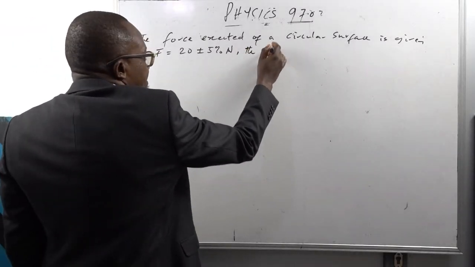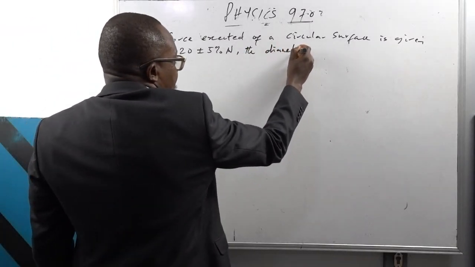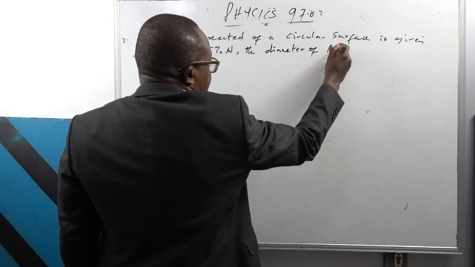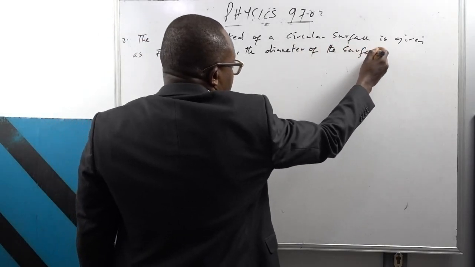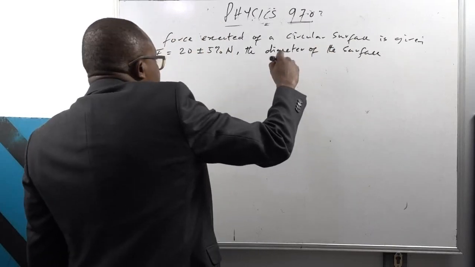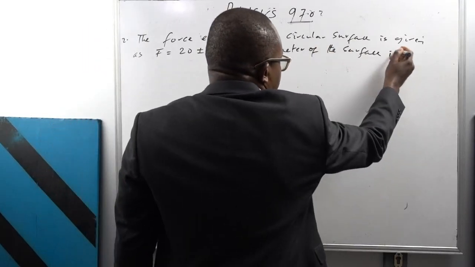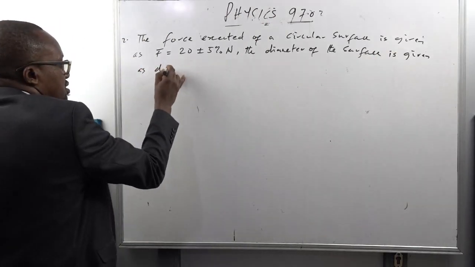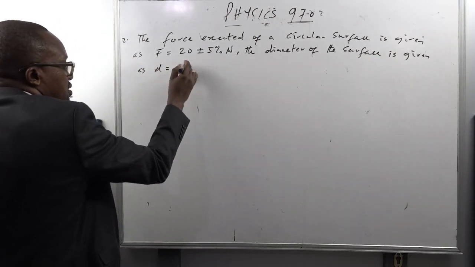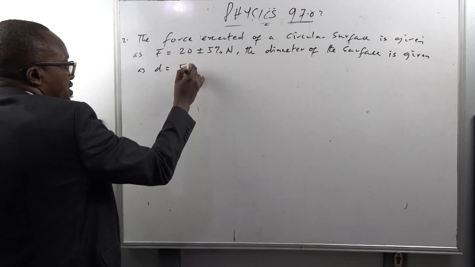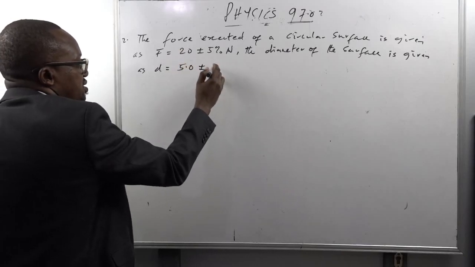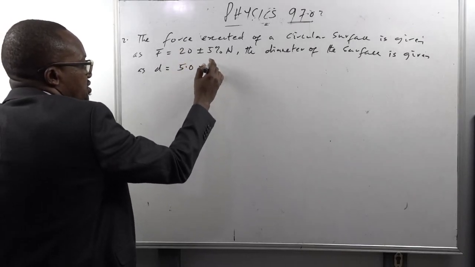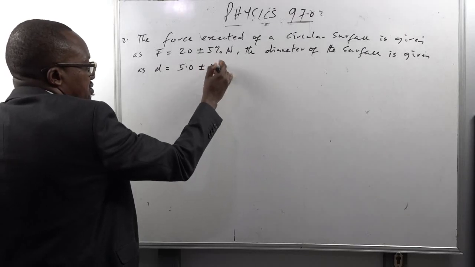The diameter of the surface is given as D equals 5.0 plus or minus 10%.